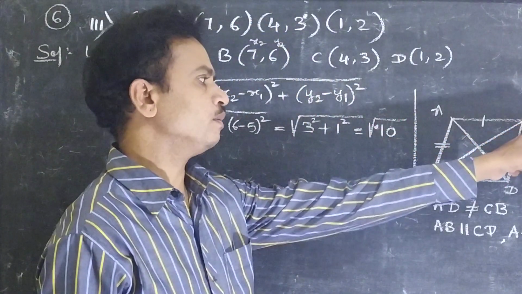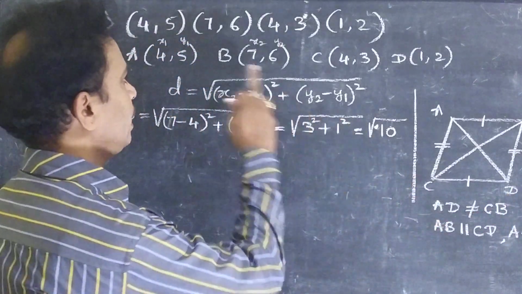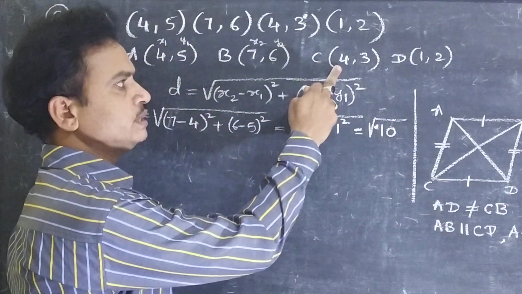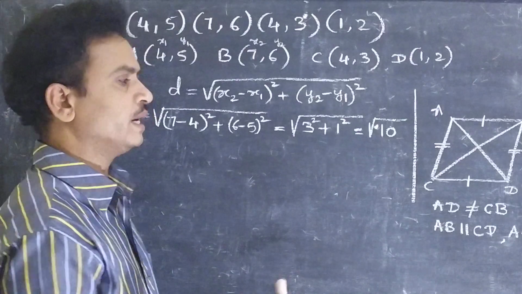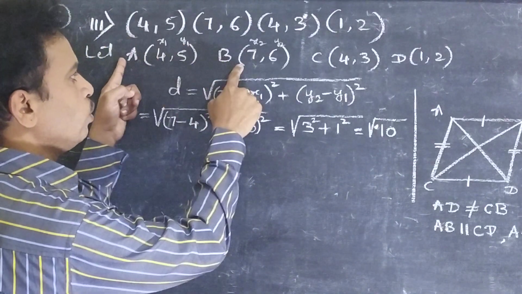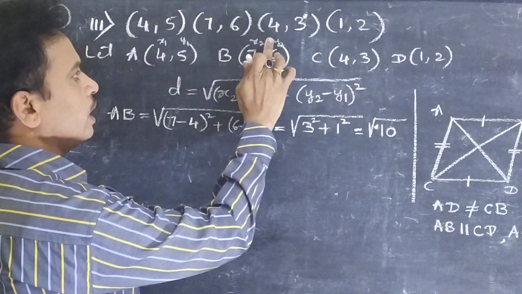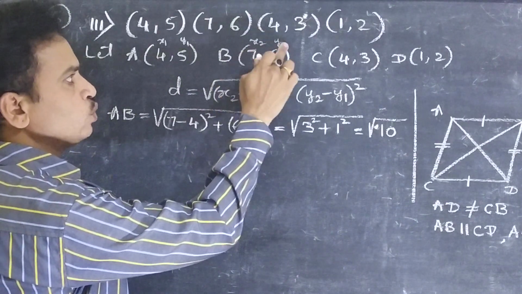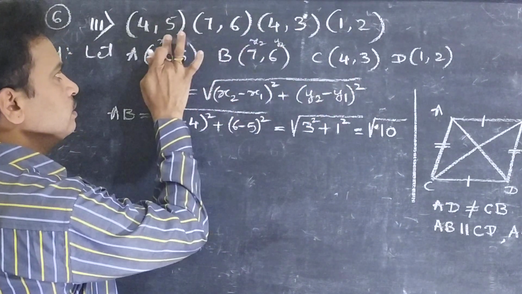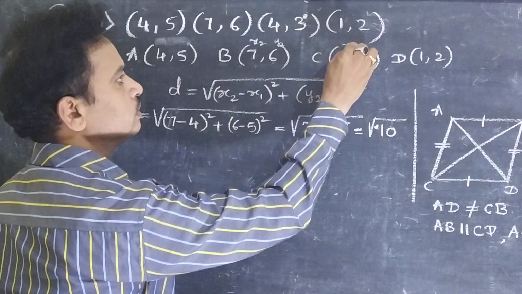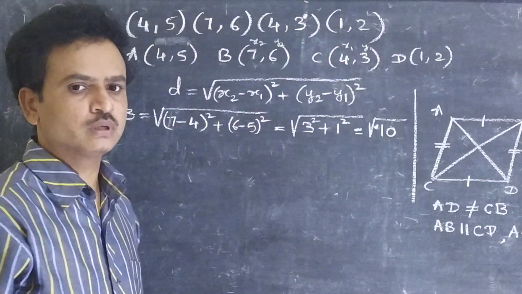Next, we will take BC, or you can take BD, any way you can take. Now I will take BC. Already here I wrote x2 and y2, and this point I will take x1 and y1.